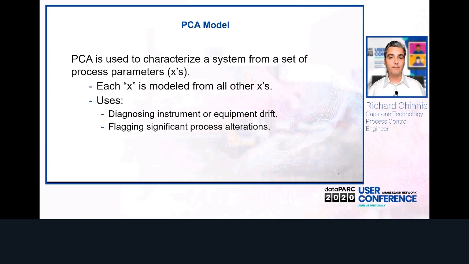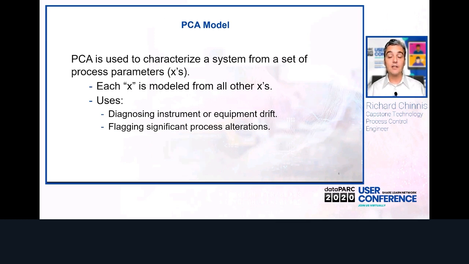Has it changed? Well, if you have a period of time for which you know all of your instruments were good, you use that as your thumbprint. You use that period of time and say, I'm going to build a PCA model from that. And then the PCA statistics that you trend into the future can tell you if something is shifting. And that's what we're going to look at in our demo.